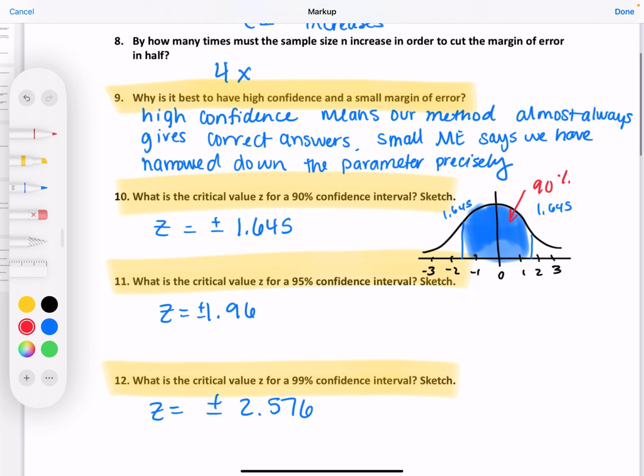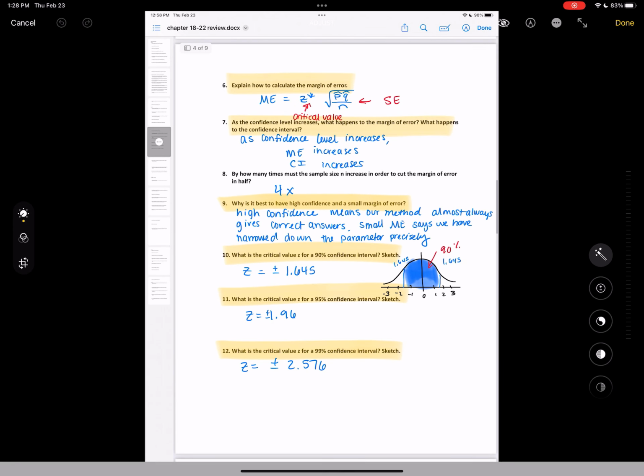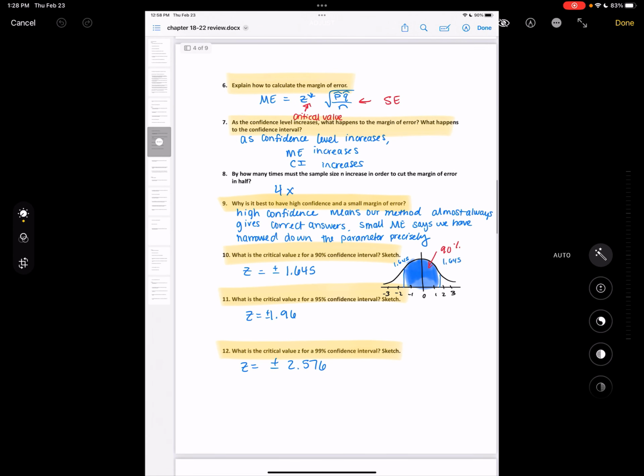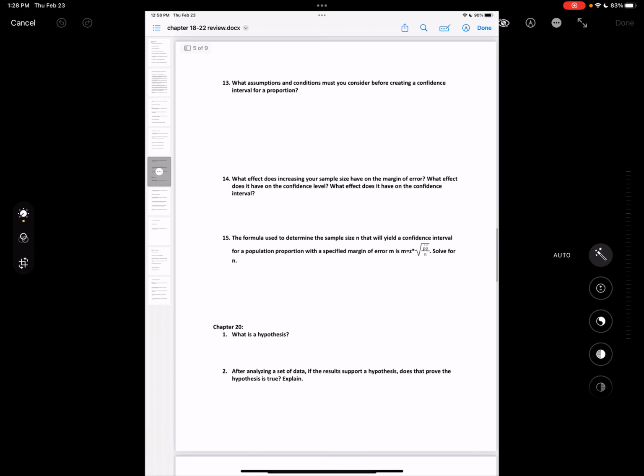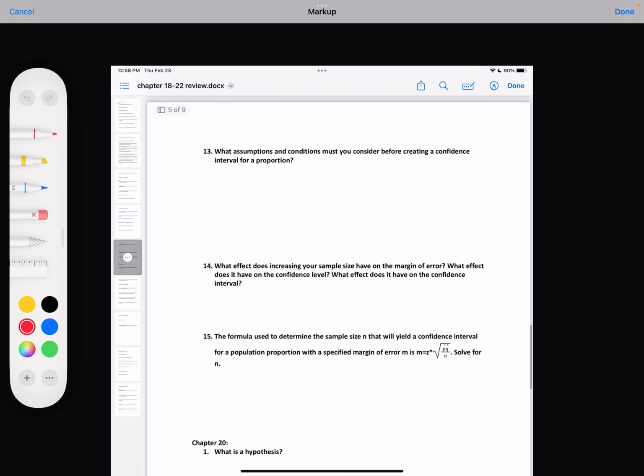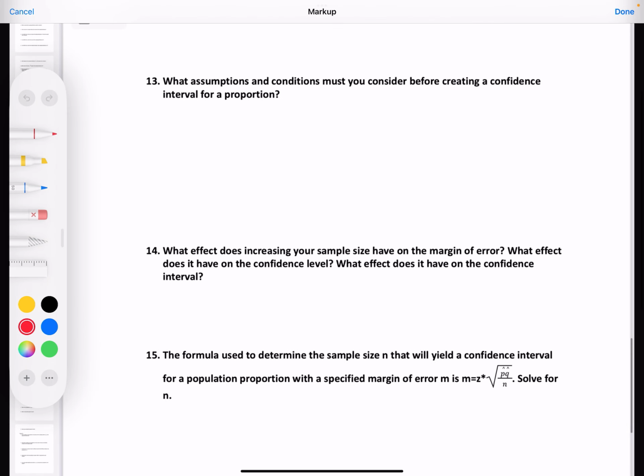All right, we'll finish chapter 19 and then, or well, we might finish the next page and then we'll save the rest of chapter 20 for tomorrow. So what assumptions or conditions must you consider before creating a confidence interval for a proportion? So these are the assumptions and the conditions.